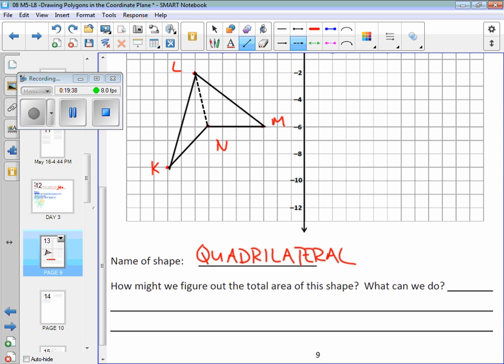No. Let's check. Let's call this triangle 1. Count. 1, 2, 3, 4. Base is 4, so far so good. Height, even though it's outside the triangle, 1, 2, 3, 4. Yes, so far triangle 1 would work.